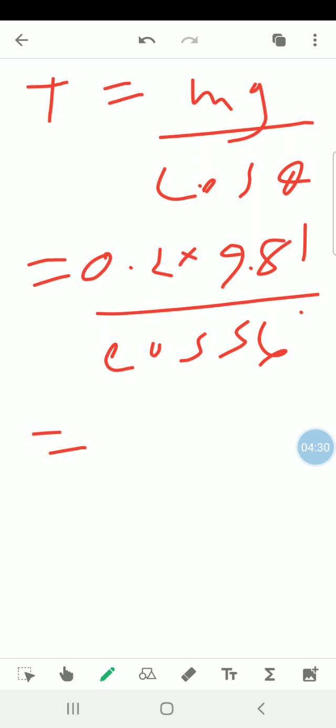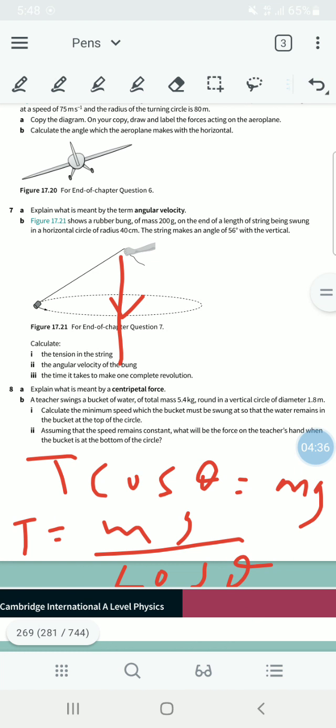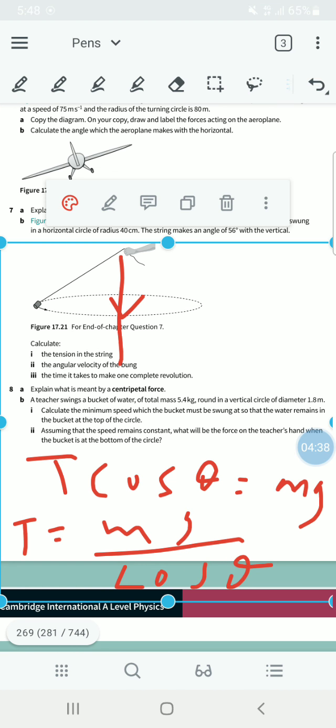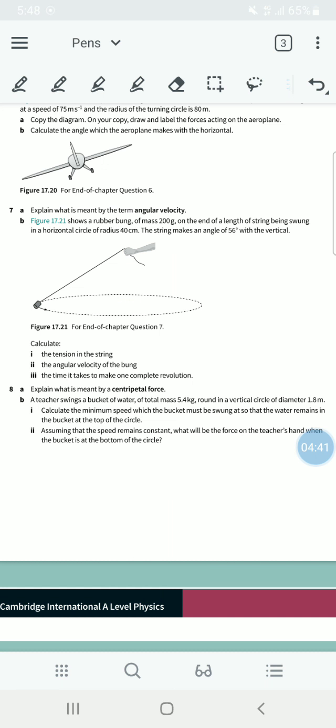If you use the calculator, you will get this to be 3.5 newtons. I'm sure you have got that answer. So that is the tension in the string. So we have found that.